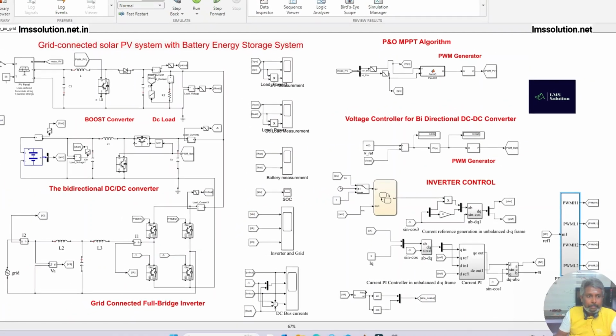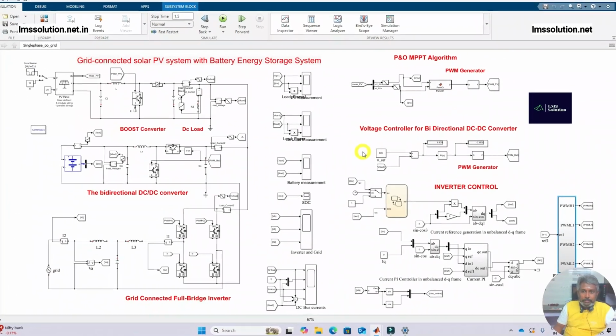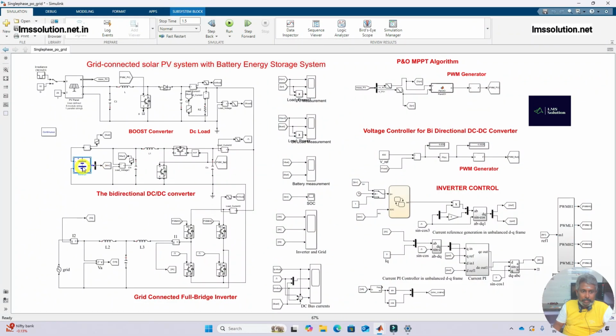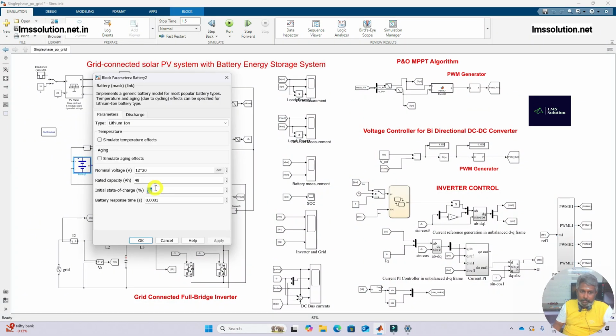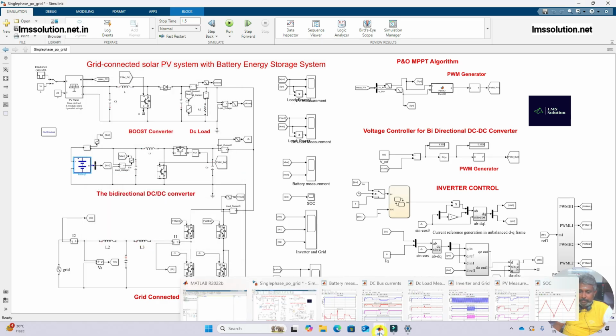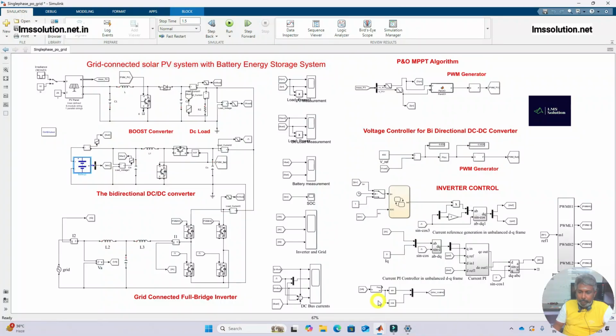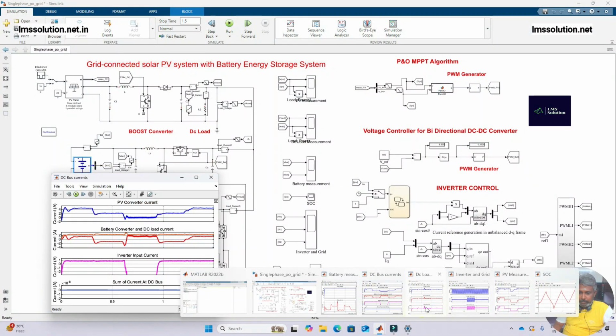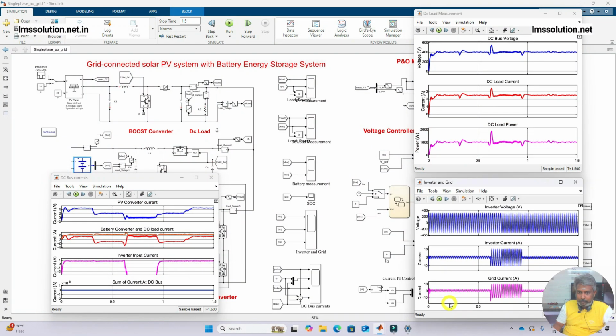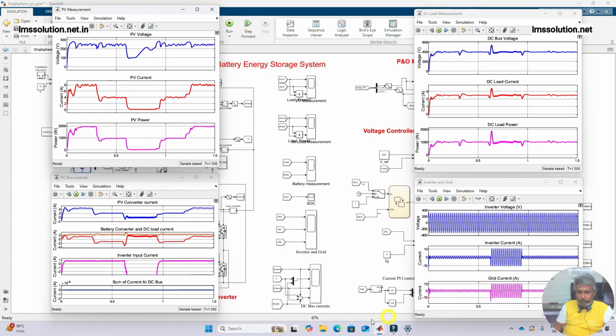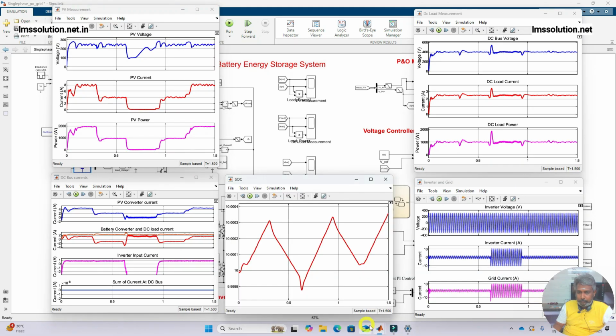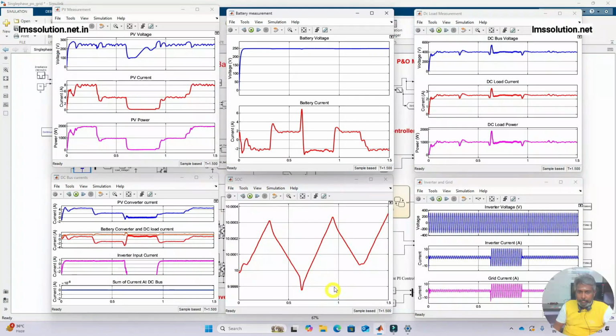Okay, so now I'm going to explain the results. First, initially I'm going to fix the state of charge at 50 percent. Now we are going to check the result of the system. Here we have to measure different kinds of quantities.